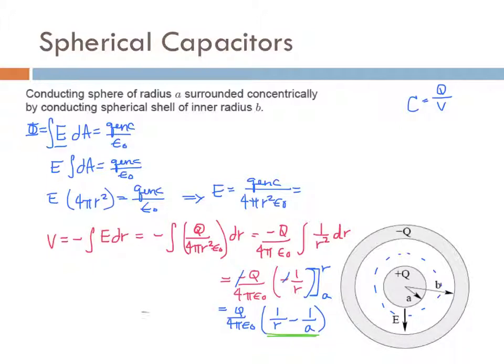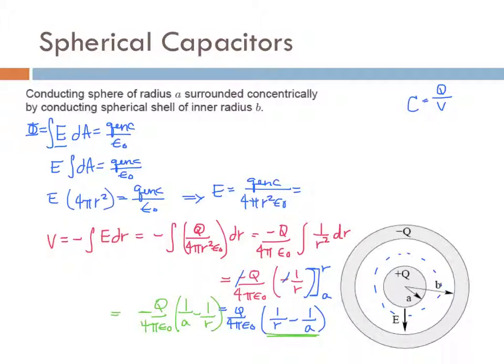So I'm going to pull that negative out, and that just means that we are going to have 1 over a minus 1 over r. Again, you can distribute that negative to make sure you are getting the same answer. Now inside this parentheses, it doesn't matter what r is, as long as r is greater than a, we will get a positive number.